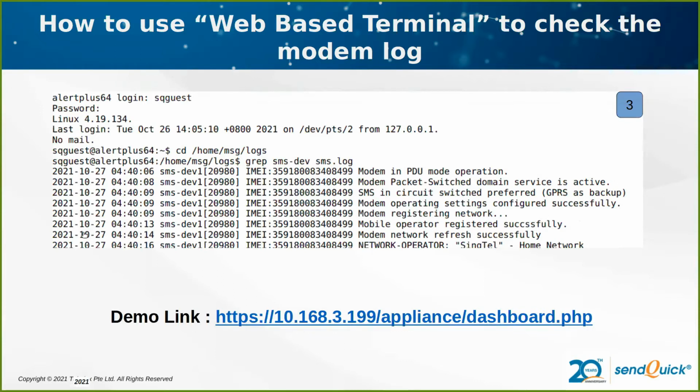To enable the web-based terminal, you just need to go to password management, then SSH login account. Key in the password. Just take note, the password must meet the following requirements: minimum is 8 characters, maximum is 16, and you need an alphanumeric password with one capital letter. So normally I will just key in.